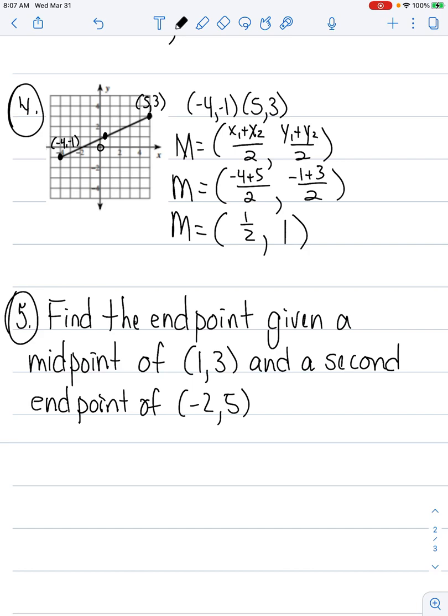So here's an extra piece to finding a midpoint. So it's important, first of all, to understand what you have. I have the midpoint and I have one endpoint. I want to find the other endpoint.